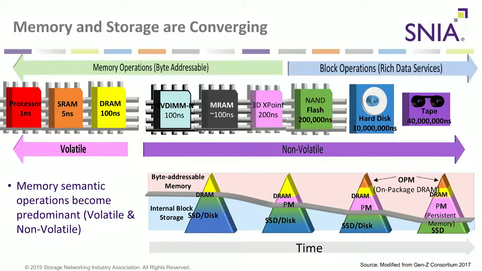That is the convergence, because typically an SSD or spinning media had the capacity, but it was lacking in the latency. DRAM had the greatest and the best latency, but the capacity was not there. So there are technologies that are converging in the middle, where they try to provide the best of both worlds.